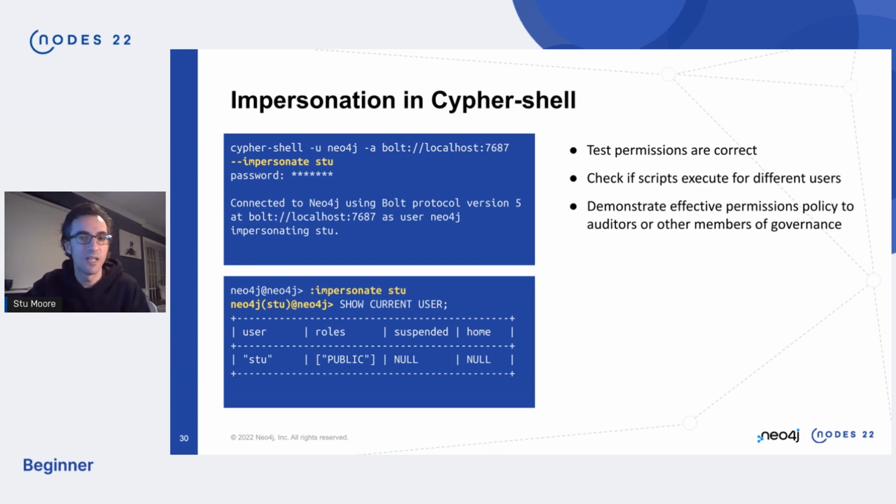This helps you test out the permissions that you've created. You can check scripts are executing correctly for users, and you can even then demonstrate the effectiveness of your permissions policy to auditors or other governance bodies.